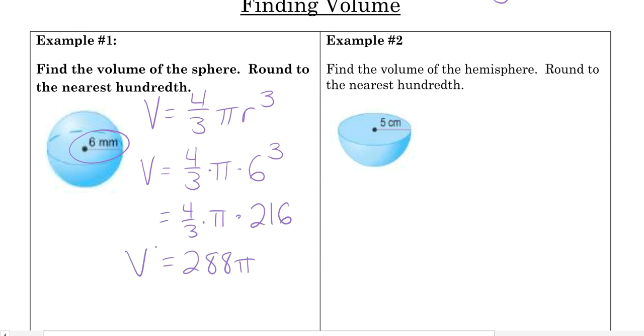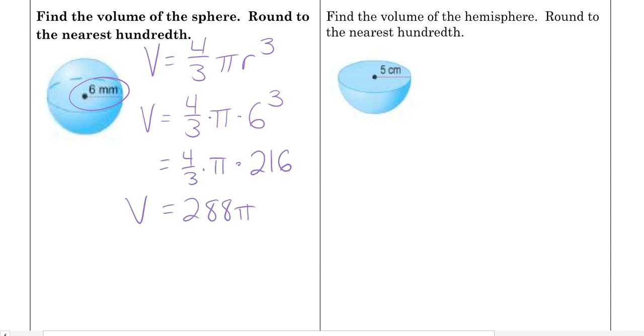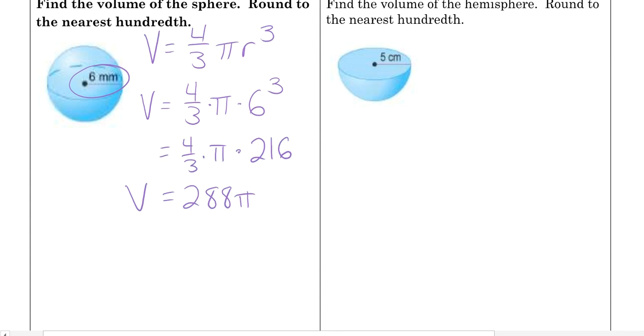So if I said keep your answer in terms of pi, you could stop there. However, I didn't ask you to do that. I asked you to round to the nearest hundredth, so you're going to take 288, multiply it by the pi button, and you get 904.78 millimeters cubed for your volume of this sphere.